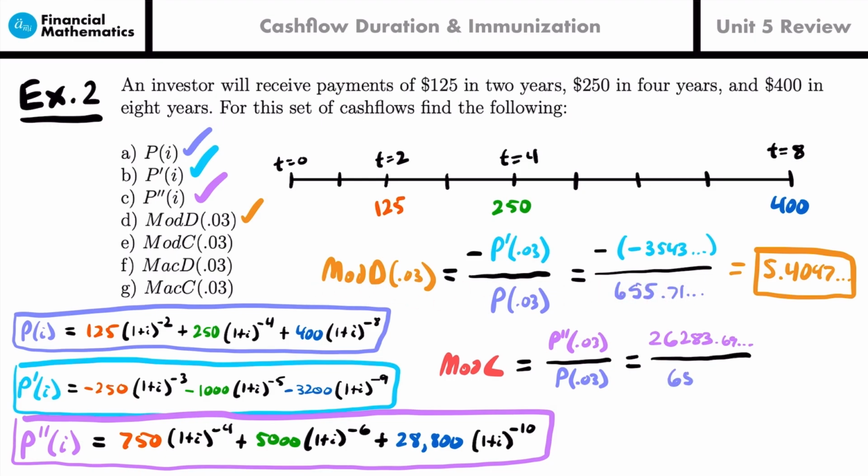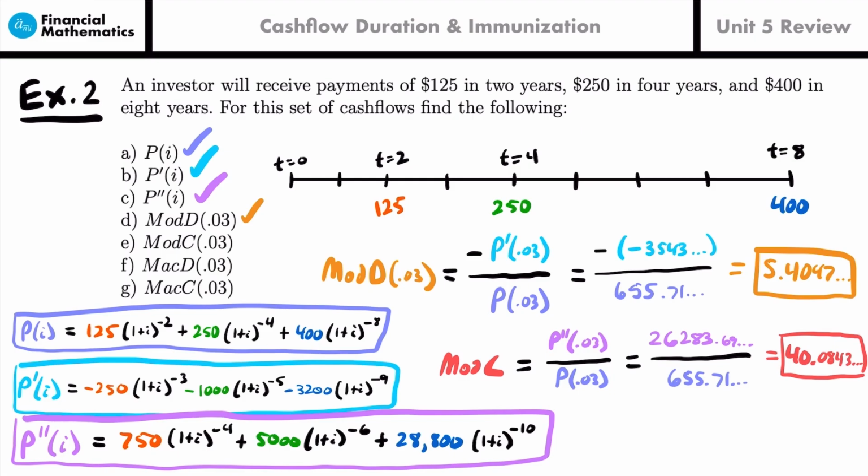We have $655.71 and some more decimals. And if you do this in your calculator, you divide the second derivative evaluated at 0.03 by the original function evaluated at 0.03, you should get that the modified convexity is equal to about 40.0843 and some more decimals. That is the modified convexity for this set of cash flows that we were given at a 3% interest rate.